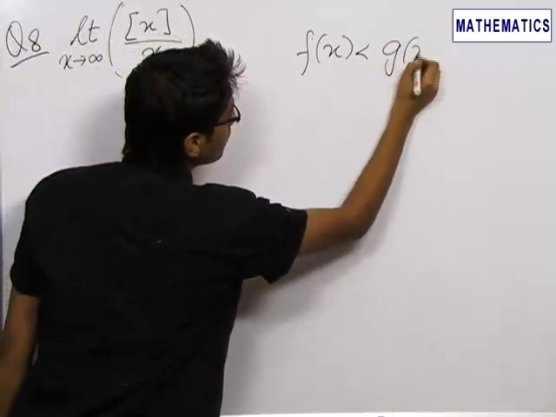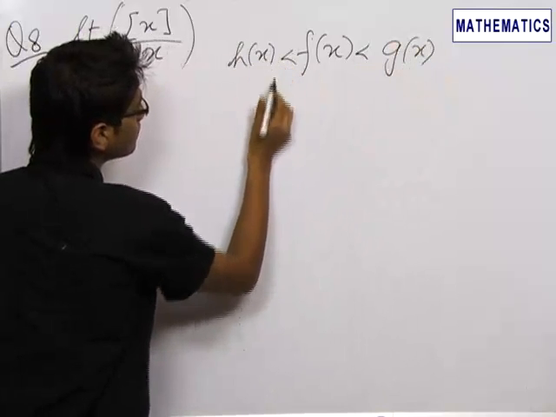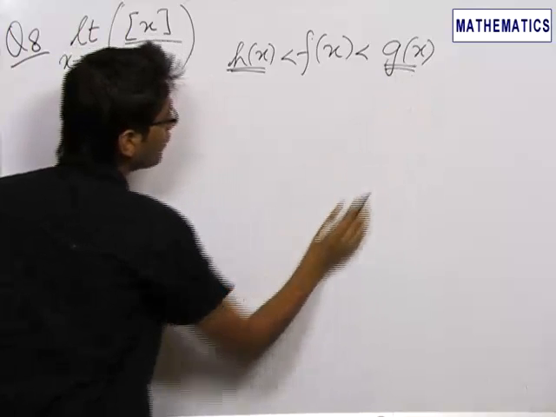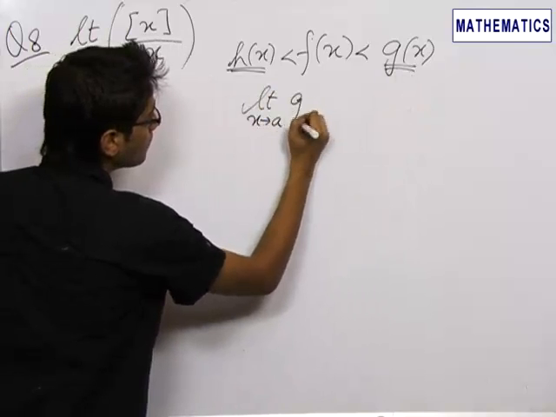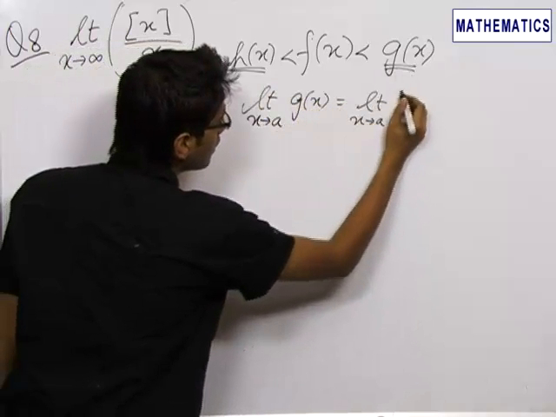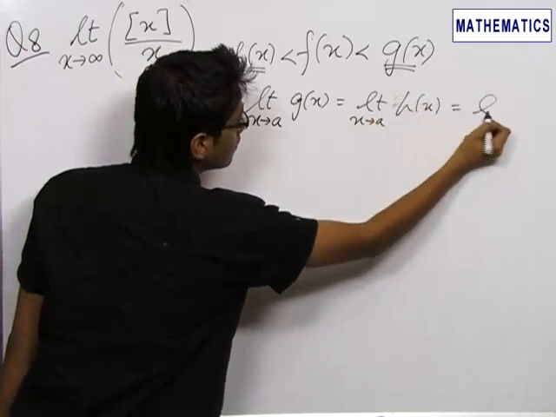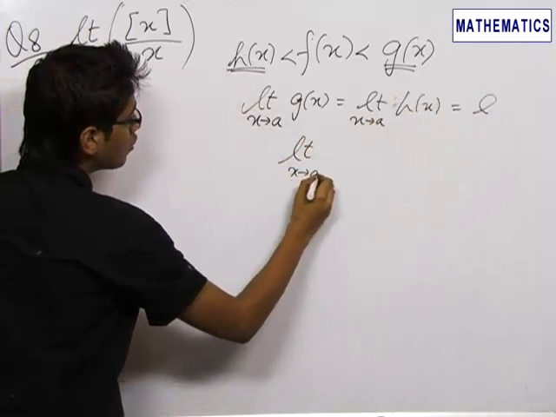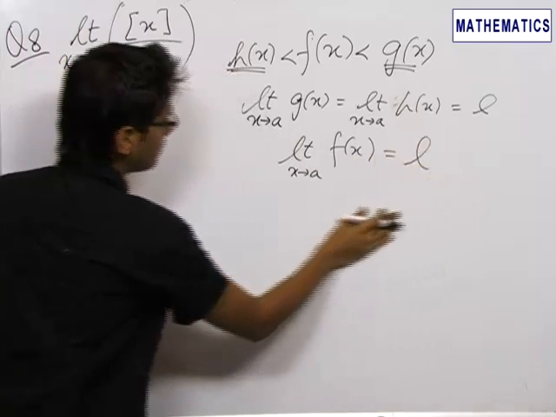In inequality form, we find two functions such that one function is greater than that function and one function is lesser than this function, and then we check whether the limit at the desired point of the two functions is equal or not. If they are equal, let's say equal to L, then by the Sandwich theorem we can very easily say that the limit as x tends to a of f of x will also be equal to L.